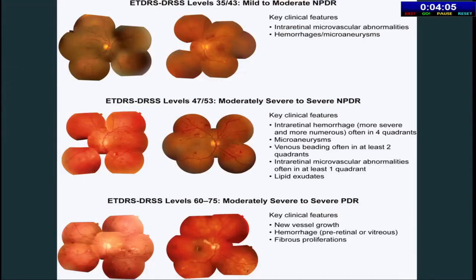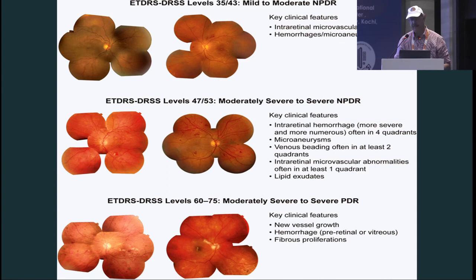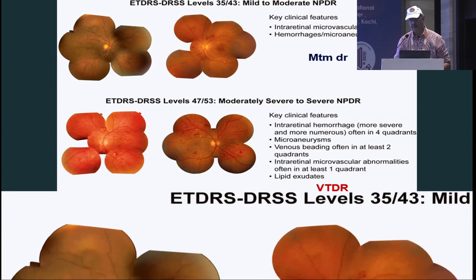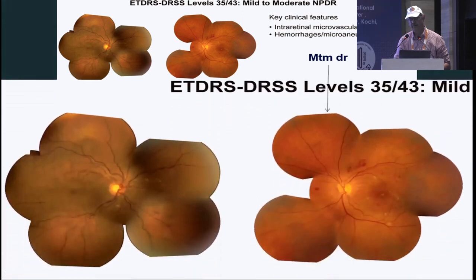So we need to relax the referral criteria. What has been done in various AI modules, they have used this ETDRS scale which matches. So this is more than mild diabetic retinopathy and this is the VTDR thing. And what they are using is more than mild diabetic retinopathy as their referral feature.